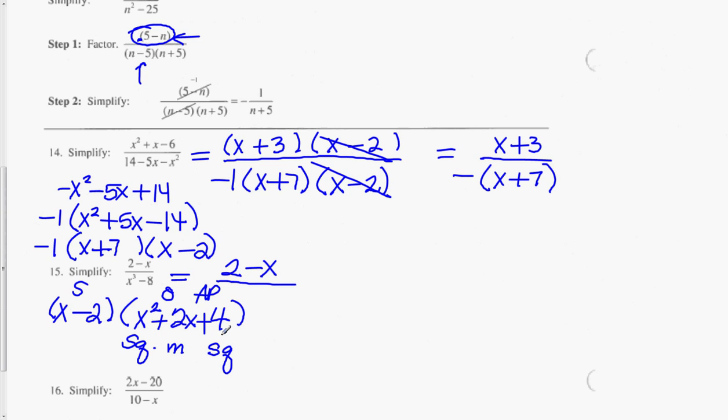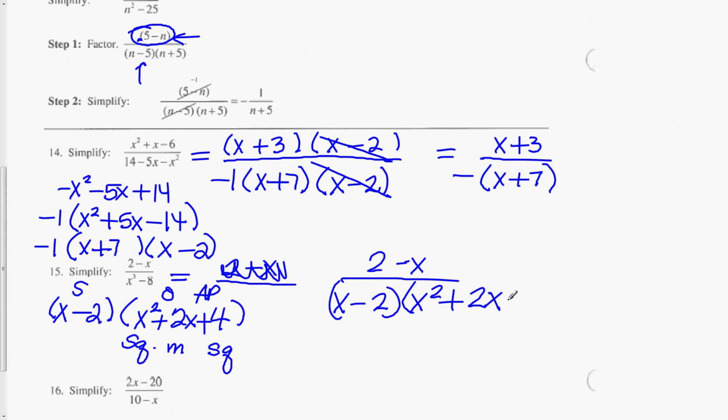So I'm going to come over here and write this a little bit. If I have 2 minus x on top, notice on the bottom I have x minus 2. Well, those don't exactly match because they're not in the right order. If they had been addition, it would not have been a big deal. But with that subtraction sign, that makes it a big deal. So what I'm going to do, I'm going to do this in red.